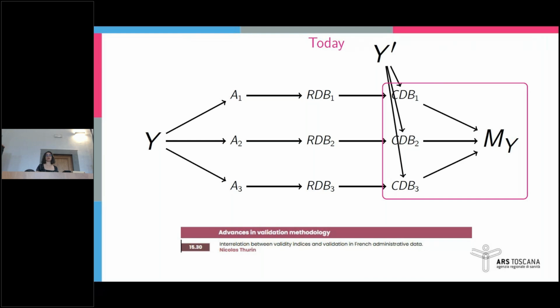So the first person who will illustrate advances is Nicolas Turin. And Nicolas will tell us about some studies he did where he tried to figure out, of course, when you then go and validate, you find that things are complicated, and how we used some recent advances to try and navigate that. So he will tell his story.